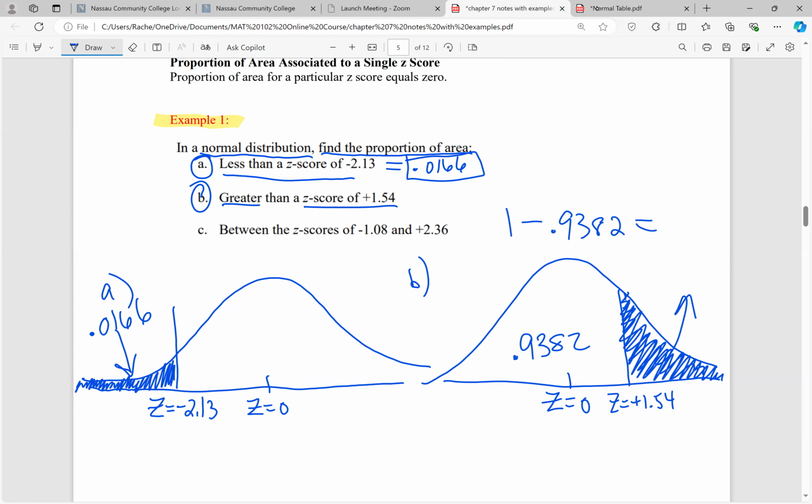So anytime we want the area to the right of a particular z-score, and we're going to use the table, you have to subtract the area to the left from 1. And we're going to get 0.0618. That's going to be the area greater than a z-score of 1.54.